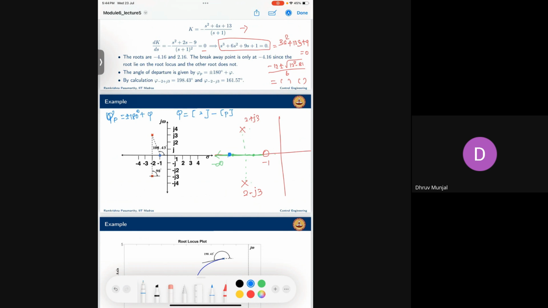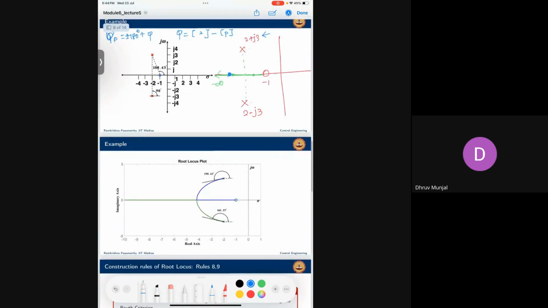This is minus 2 plus j3 that I am considering. From this we are going to calculate the angle. I will calculate it here. I'm going to consider P1, that is minus 2 plus j3.